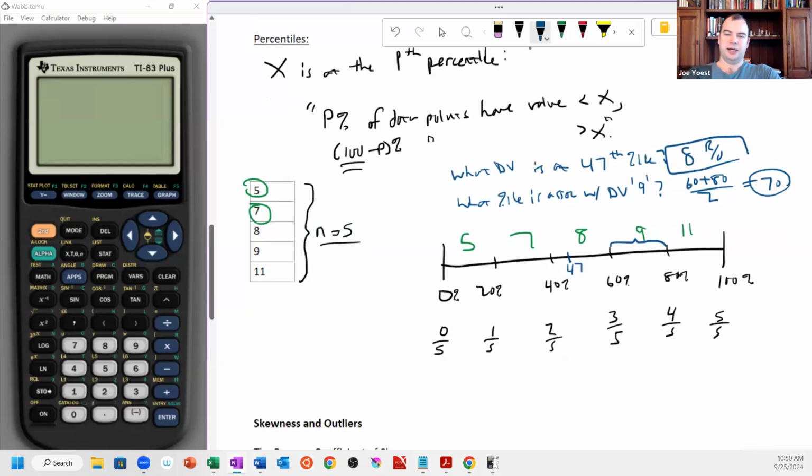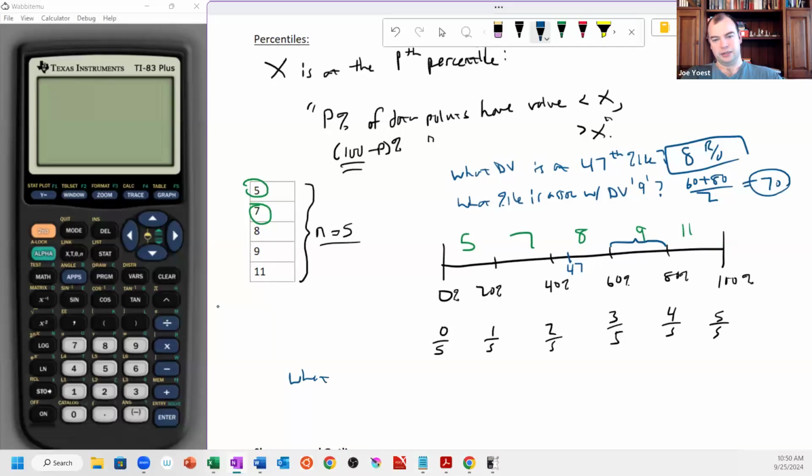Now, one note that I talk quite a bit more about in the full lecture is this isn't a super nice one-to-one function. So if I said what percentile is associated with the data value 9, that's the 70th percentile.